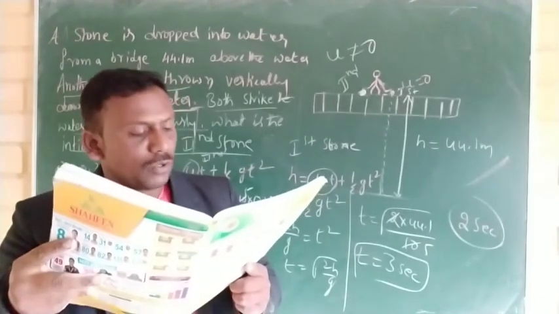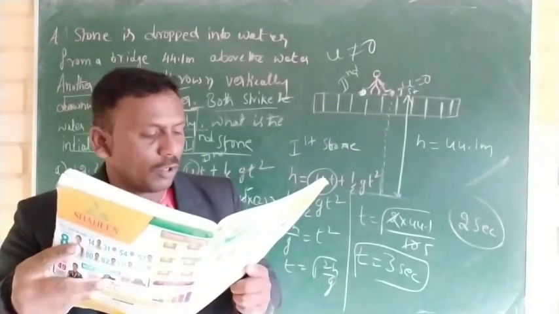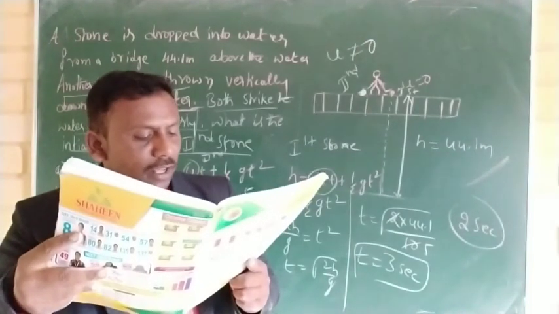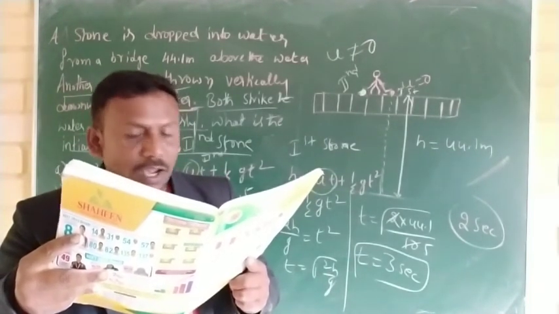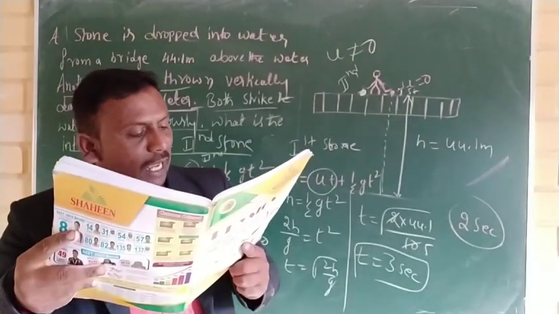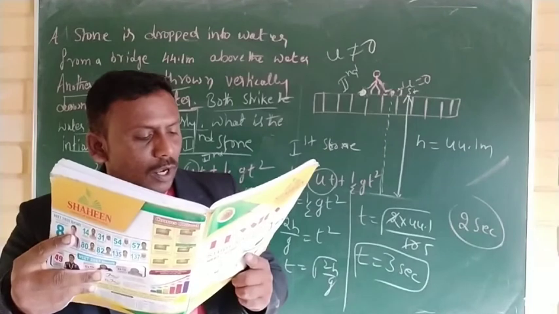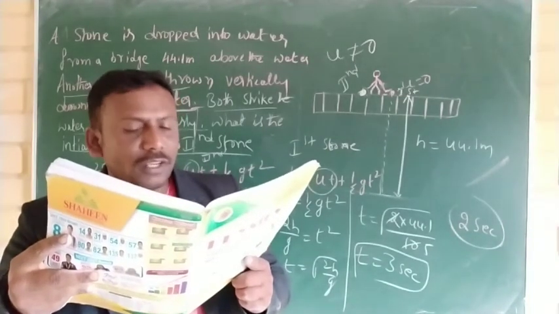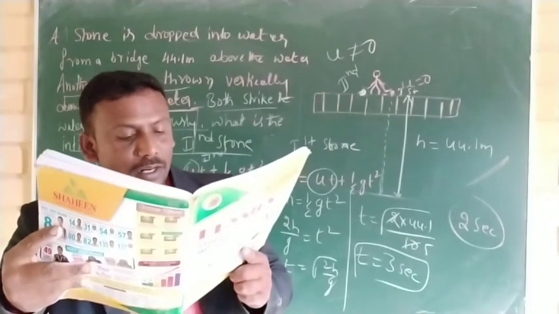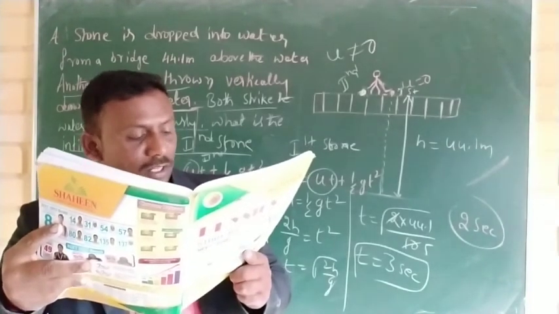Once again I repeat the question. This is a homework question. A man drops a ball downside from the roof of a tower of height 400 meters. At the same time, another ball is thrown upside with a velocity 50 meter per second from the surface of the tower.